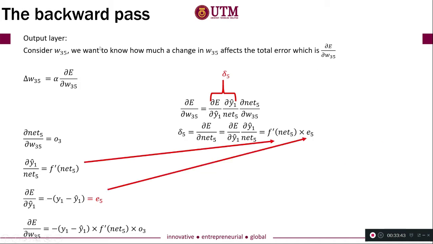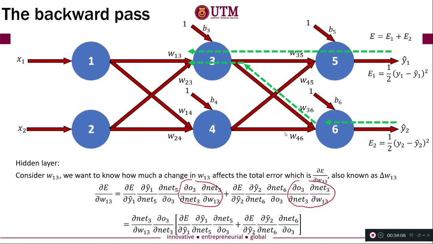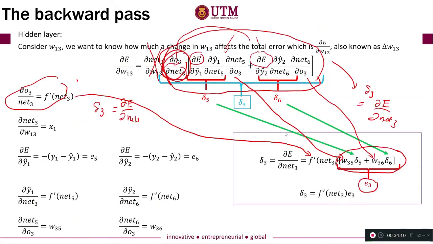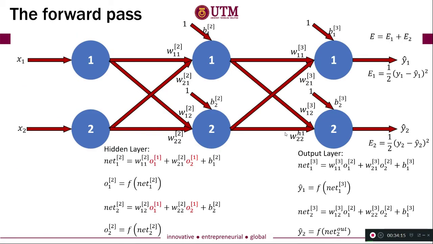You can see here that delta 5 is actually a multiplication of E5 with the derivative of your activation function at net 5. If you go back to that slide, the slide where I talked about backpropagation.